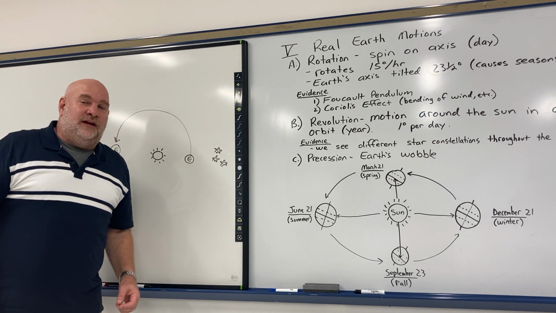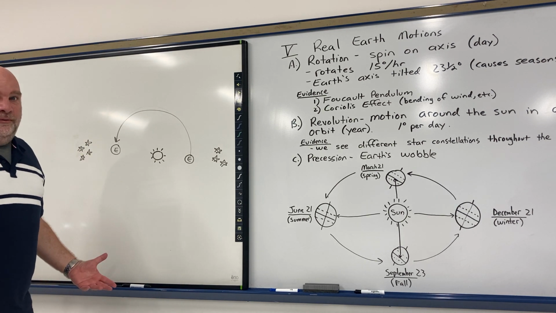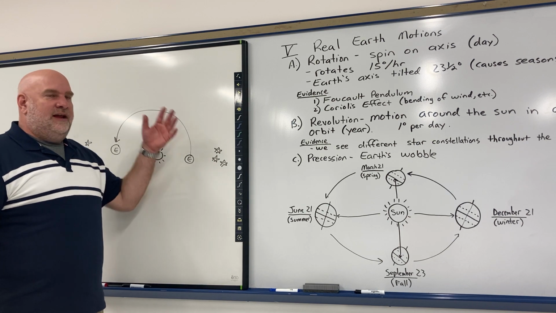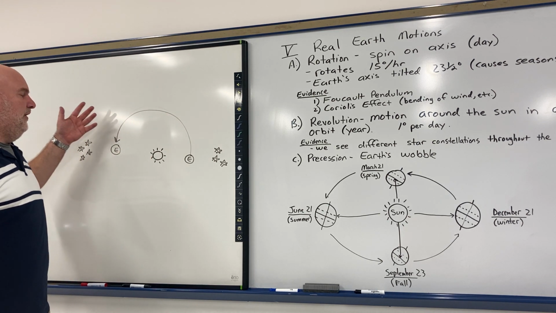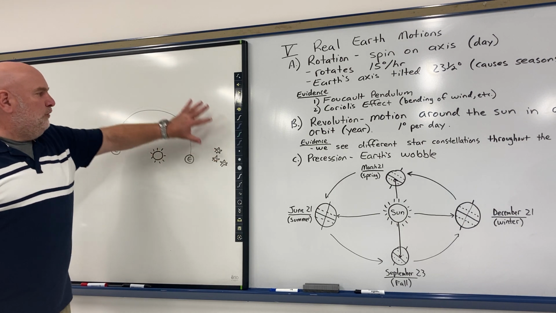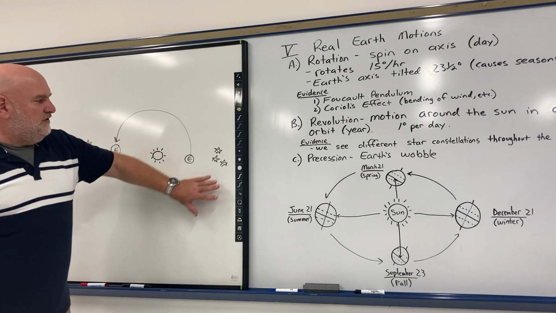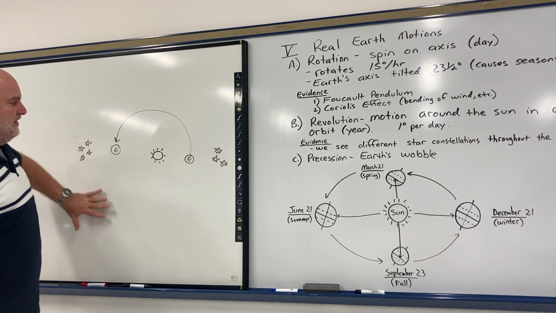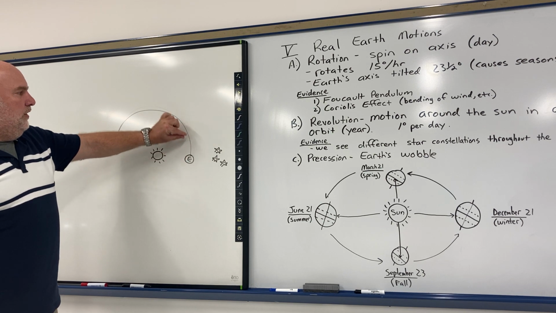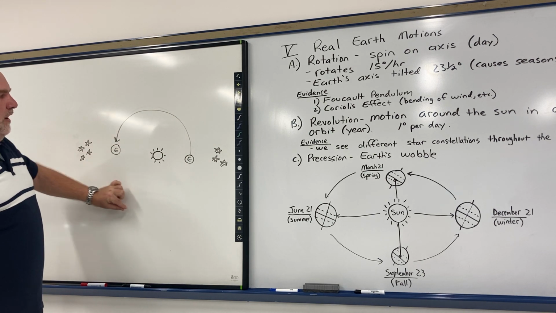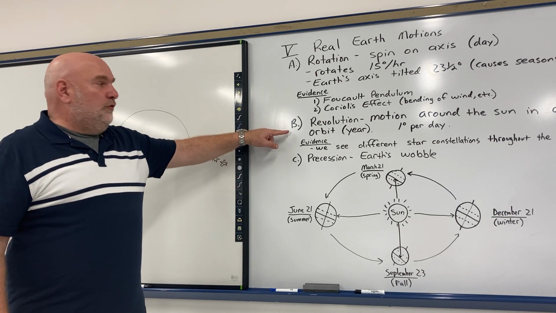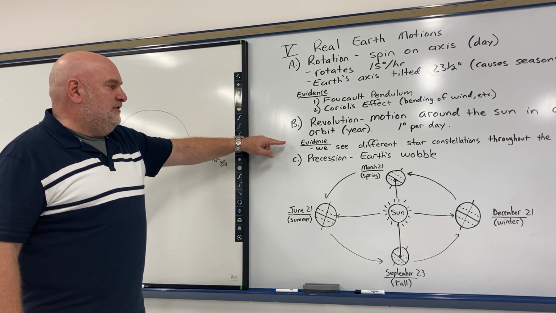And the star constellations on this plane are probably the ones you've heard about because they have names like Leo and Cancer and Capricorn and Sagittarius and Virgo and Pisces and stuff like that. Those are the signs of the zodiac. Those are the star constellations along this plane that you only see certain times of the year when the Earth is in a certain spot as it's revolving around the sun. All right. So that's the evidence that the Earth is revolving. We see different star constellations throughout the year.